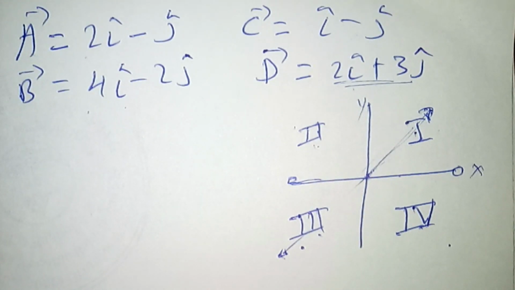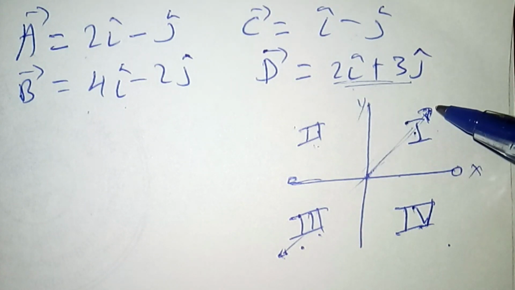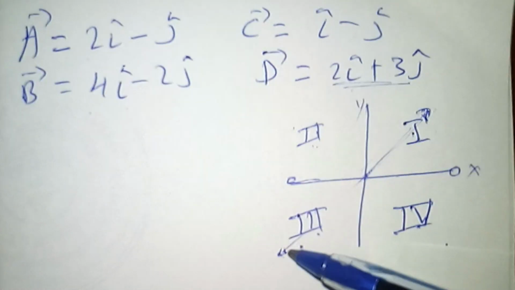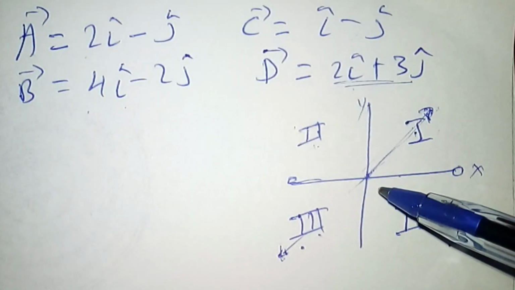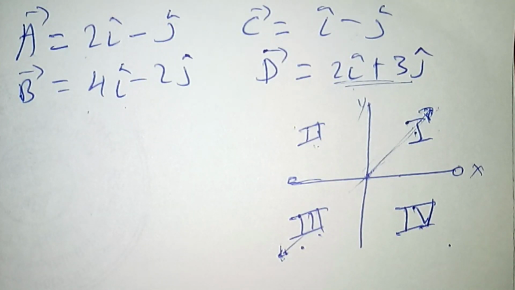Without doing any calculation, if the vectors exist in the same quadrant or in opposite quadrants, then we can directly test for their collinearity without doing their cross products by dividing their components by the other components, or by taking the ratio of their components. If the vectors exist in the same quadrant or in opposite quadrants and the ratios of their components are equal, then the vectors are said to be collinear with each other.